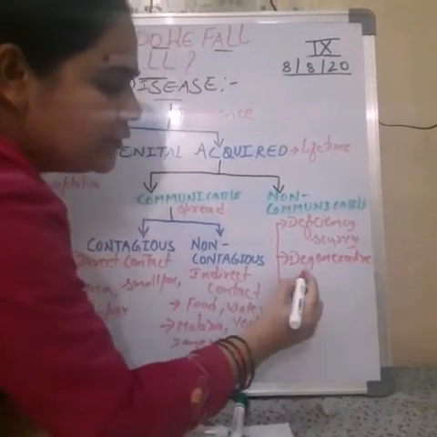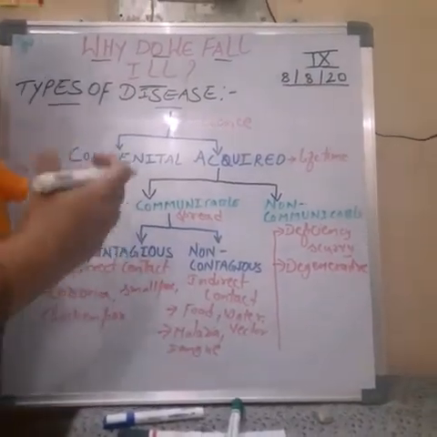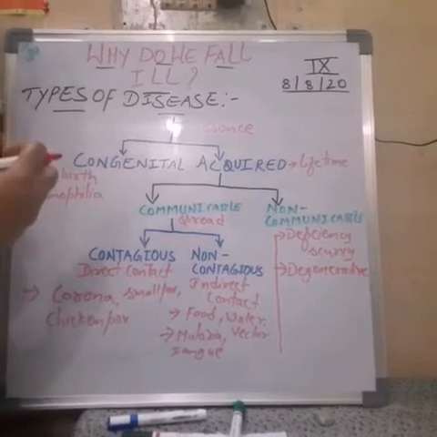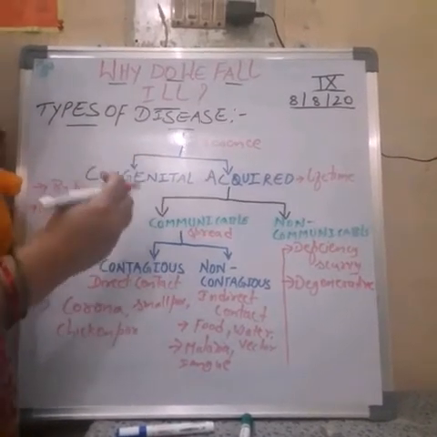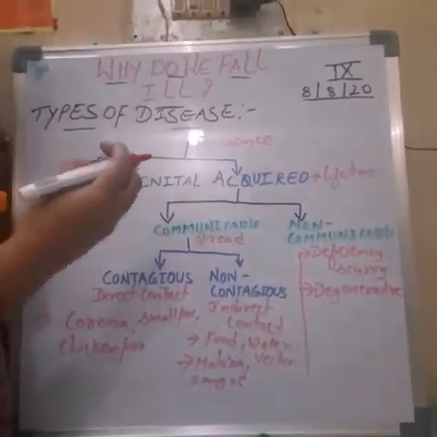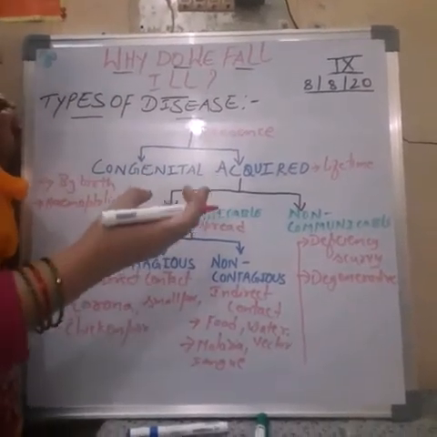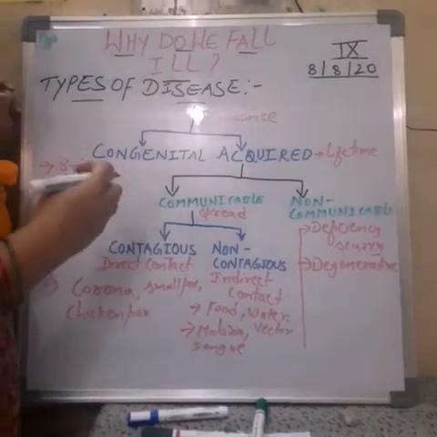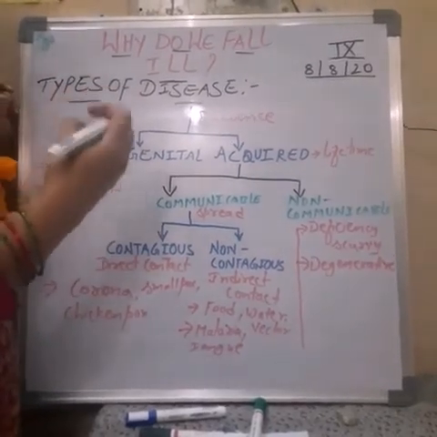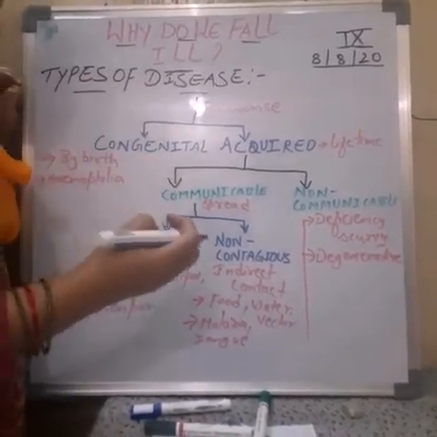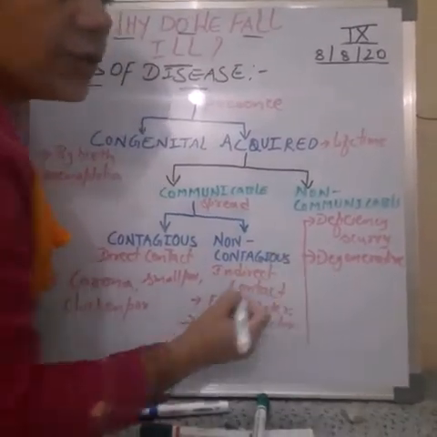What is this degenerative? Due to some degenerations in the organs or the cells of our body. One good example can be damage to kidney or liver, or even Alzheimer's disease, wherein the person starts losing his memory and losing control over his body. So this is also called organic.